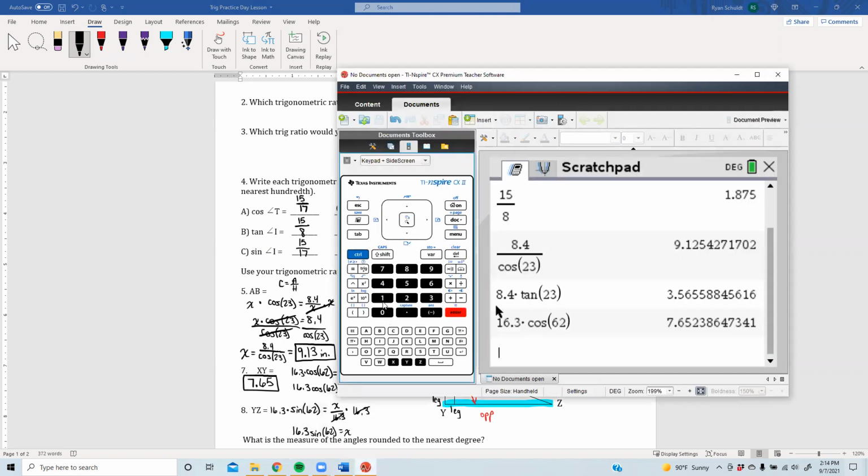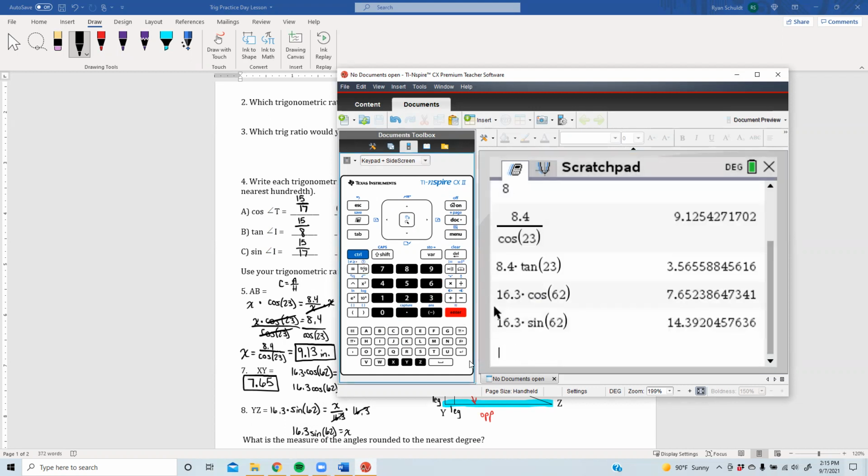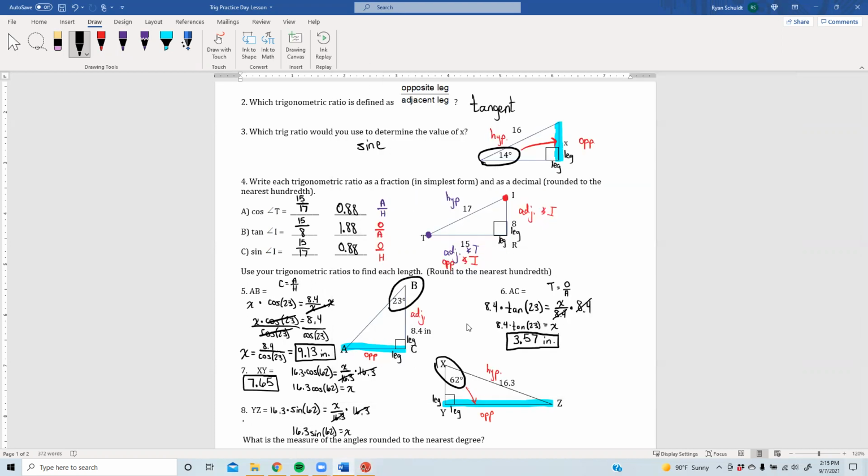Then we could type that in because x is by itself. 14.39. So YZ is 14.39.